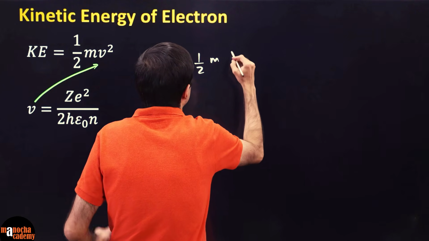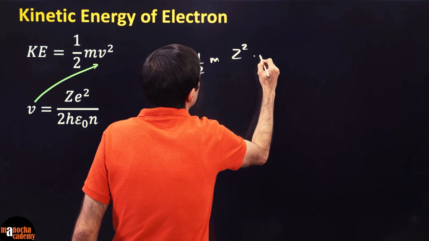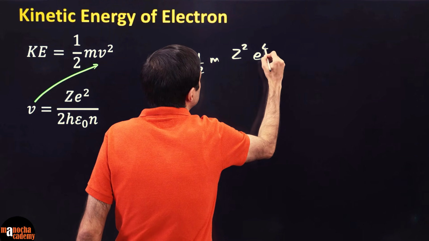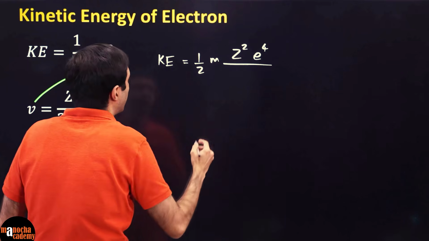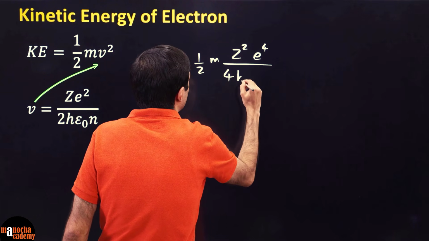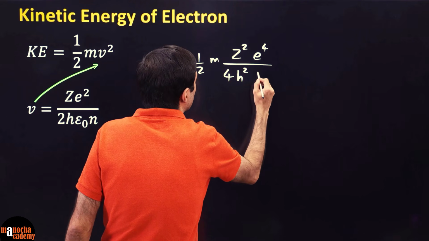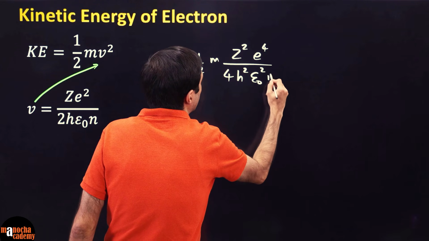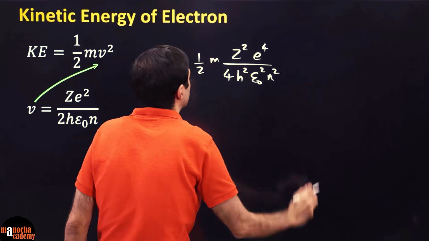So we'll just square this entire expression: Z square, e square to the power 2, which means e to the power 4, divided by 2 square over here. So that's going to be 4h square, epsilon naught square, n square. Wow, lots of squares over here.